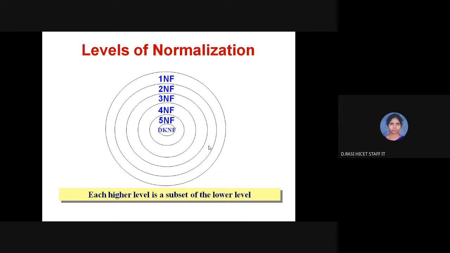We'll start with the first normal form. Each and every higher level is a subset of a lower level. So definitely when I'm taking the second normal form, my format must by default be in the first normal form and apply, subject to the second normal form condition. That is again a default subset. We are going to take it forward to the next level of normalization.